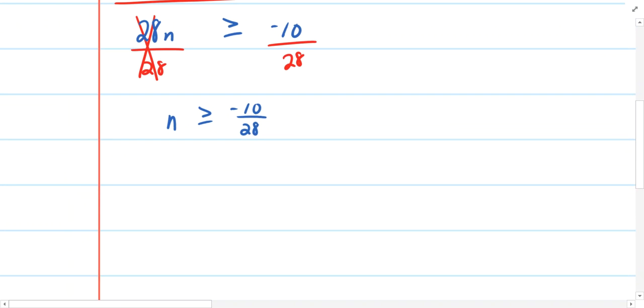Now I notice that this fraction has a numerator and denominator that can both be divided by 2, so we must divide them in order to reduce this to lowest terms. Negative 10 divided by 2 is negative 5, and 28 divided by 2 is 14.